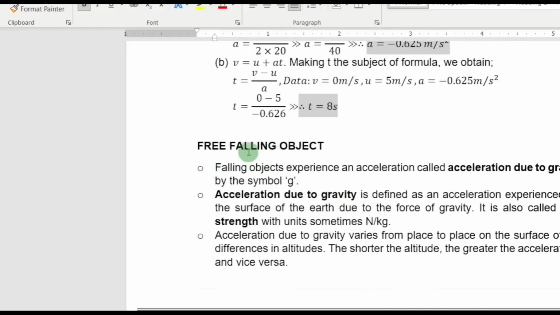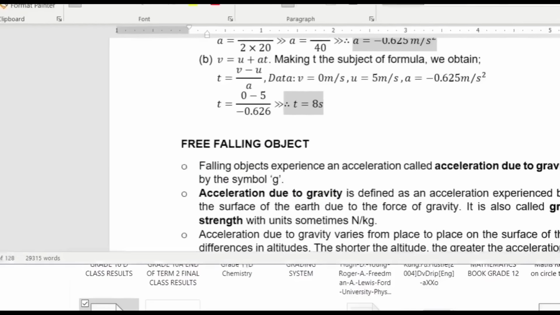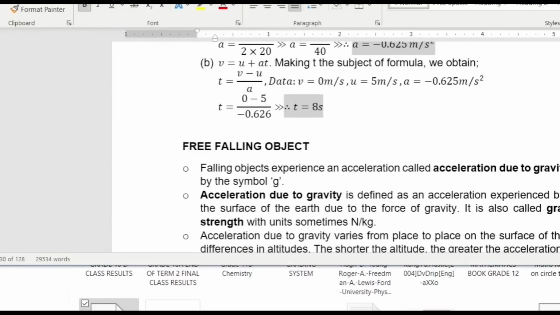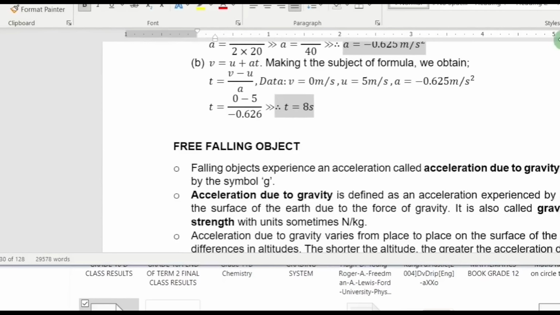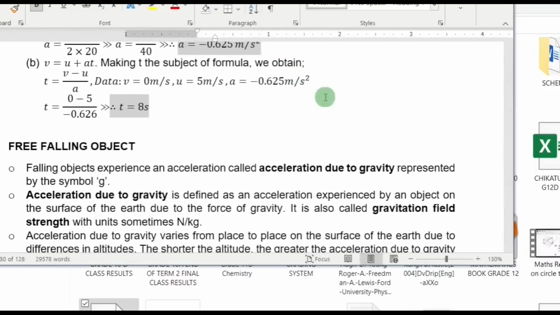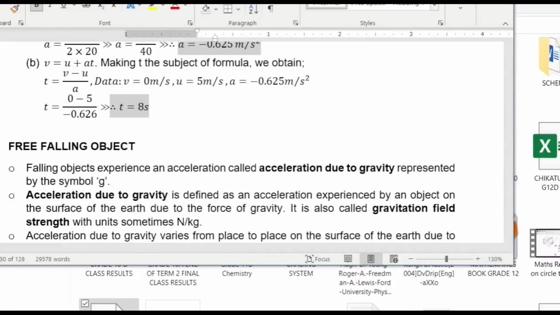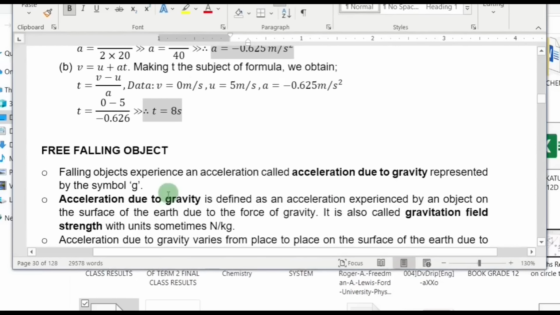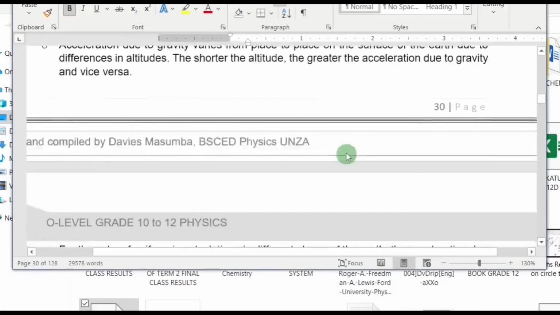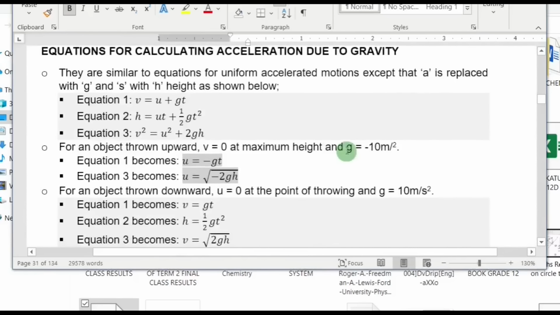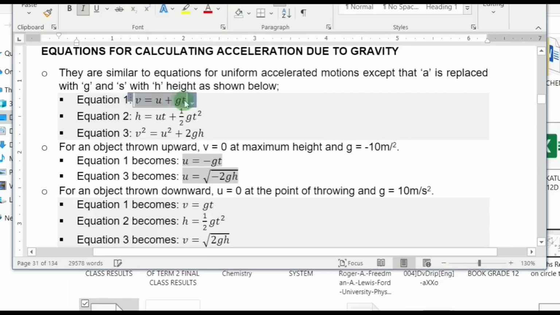Free falling objects. So for free falling objects like the one we are talking about, an orange, they are guided by these equations. So we have this equation here and also this equation and this equation.